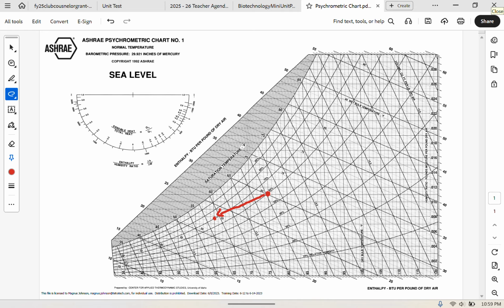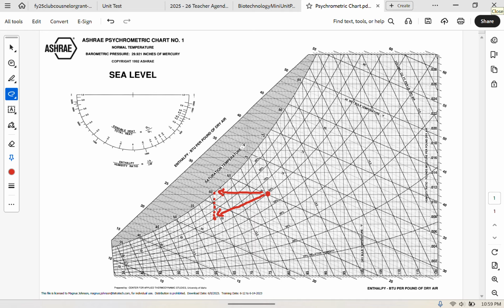So we have sensible heat and latent heat to consider. Sensible heat refers to the horizontal translations on this chart. So in this case, you can see if we drew a dashed line at the same dry bulb temperature, we'd have a horizontal translation from 75 to 60 degrees Fahrenheit. So that's describing just the temperature or the energy related to simply heat in the air.